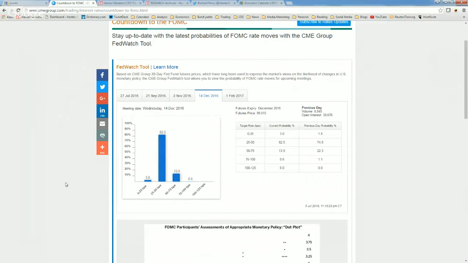Now, I'll talk about the Fed meeting minutes a little bit later, but we've got the Fed meeting minutes tonight, and obviously the last Fed meeting came out just prior to the Brexit vote.